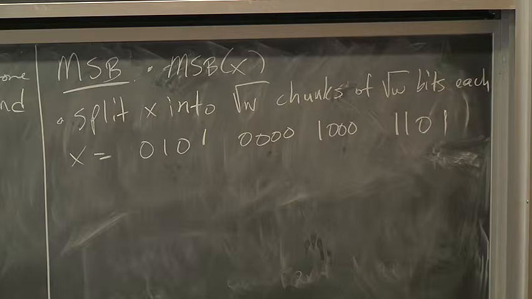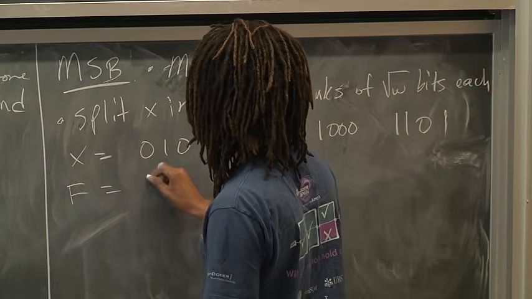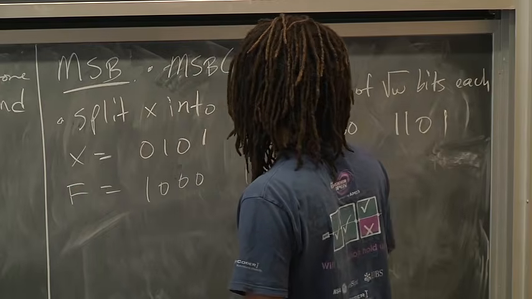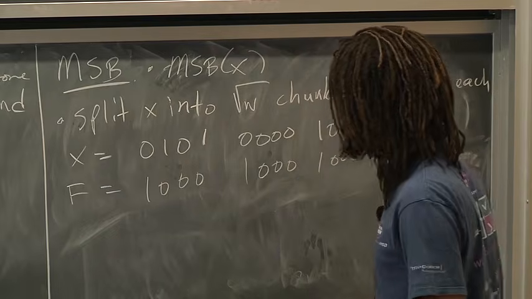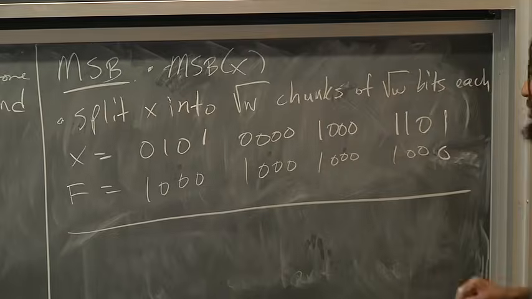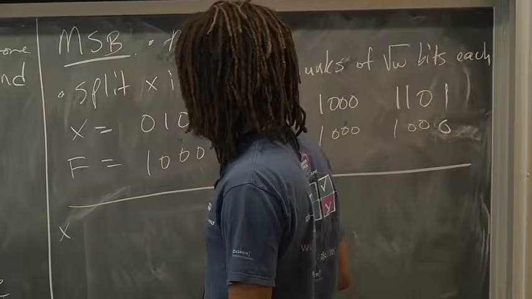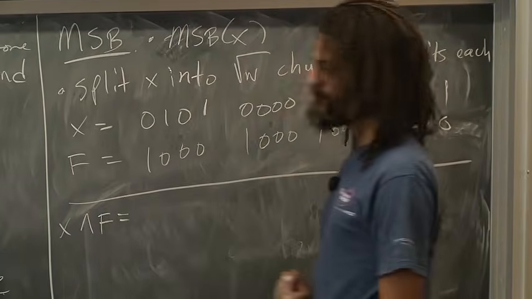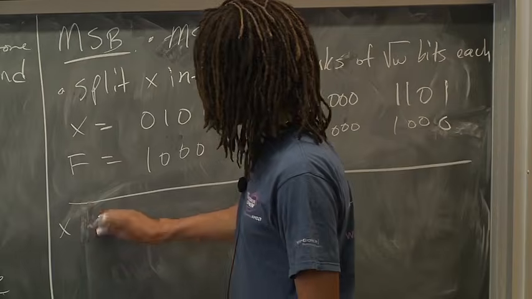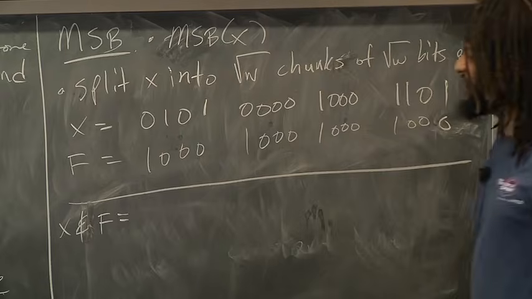So the first thing is I'm going to create f, which is 1, 0, 0, 0, 1, 0, 0, 0, 1, 0, 0, 0, 1, 0, 0, 0. Why am I doing that? I'm going to do x bitwise and f. That looks too much like XOR.